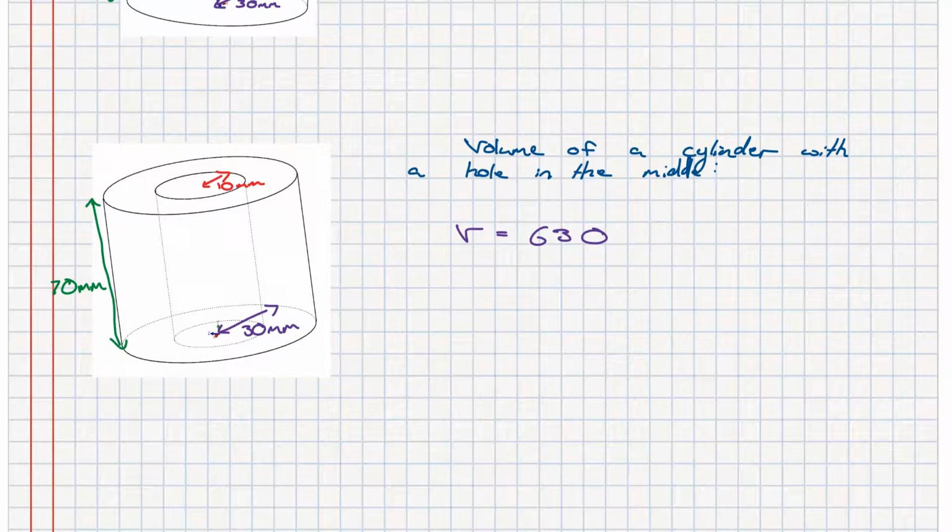So what we'll do is we'll think about it from a different perspective. Think about the face drawn with this circle. So the outer circle with a radius of 30 millimeters and then the inner circle with a radius of 10 millimeters.